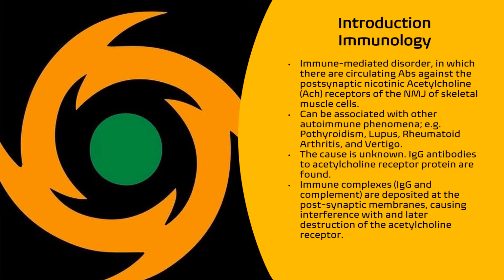If the neuromuscular junction is compromised alongside the acetylcholine receptor, then generally that can cause myasthenia gravis and myasthenia gravis like phenomena to be more problematic.